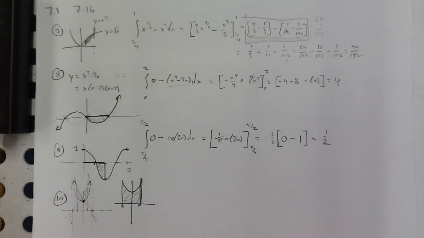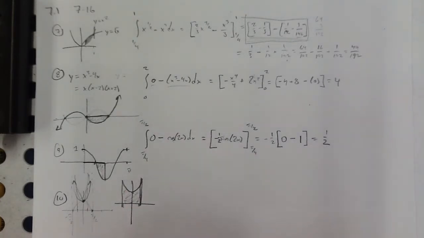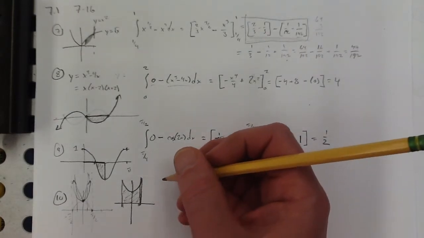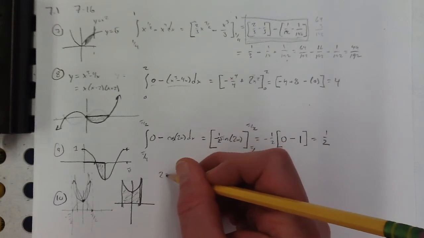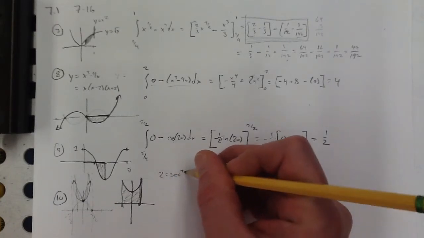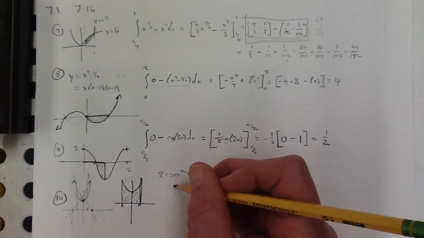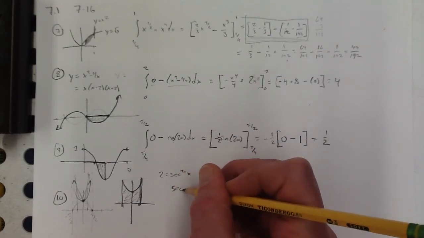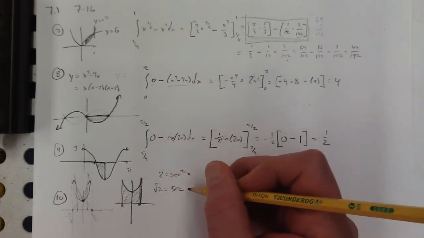Y equals 2. Oops. So y equals 2 is going to be something that cuts across here. Now, where does that intersect the curve? So 2 equals secant squared x. That would mean secant would be equal to plus or minus the square root of 2.